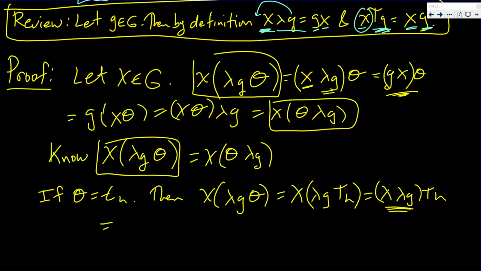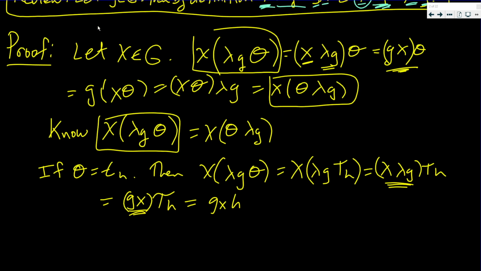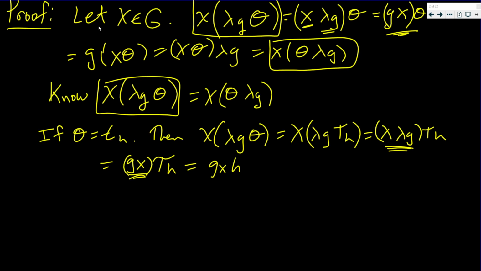And x lambda g, you multiply on the left by g, times tau sub h. H multiplies this on the right by h. Okay, now let's look at what happens here when I replace theta with, sorry, with tau h.